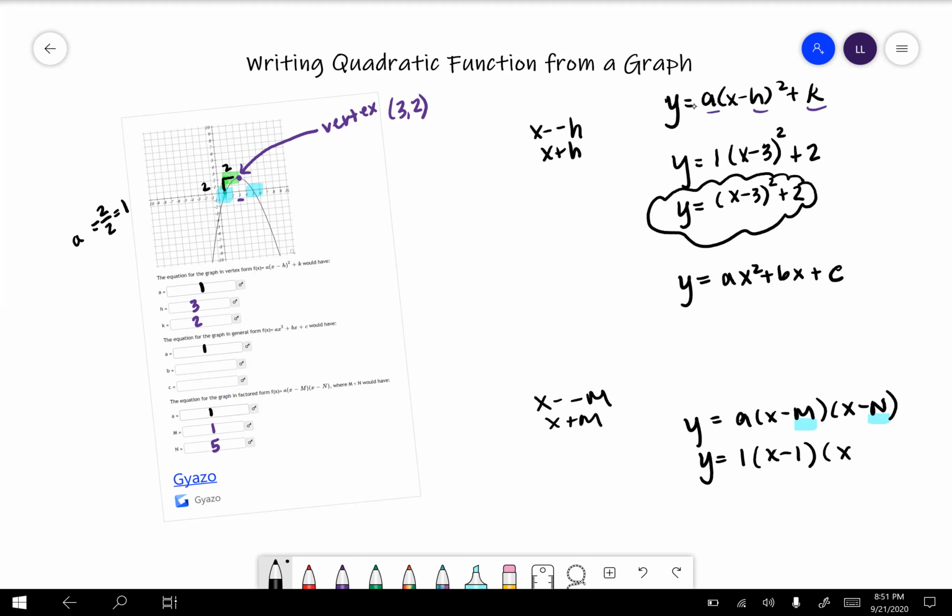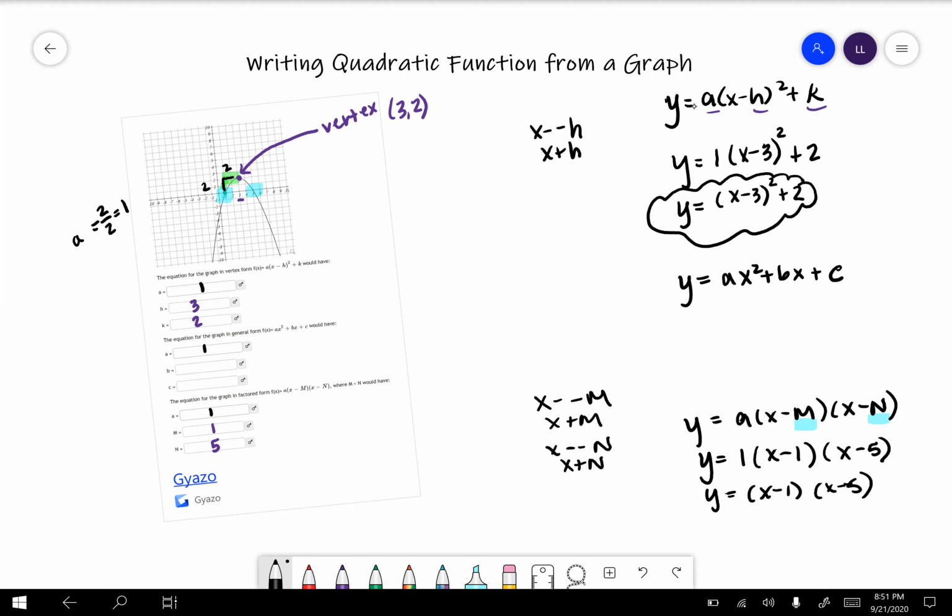Then (x minus 5) is also positive, so there's no reason to change that. Once again, if it was negative, it would have produced a plus, but since it is not, we're fine leaving it that way. So remember, 1 times anything is itself, so y is equal to (x minus 1)(x minus 5). And that's how you write the equation in intercept form.